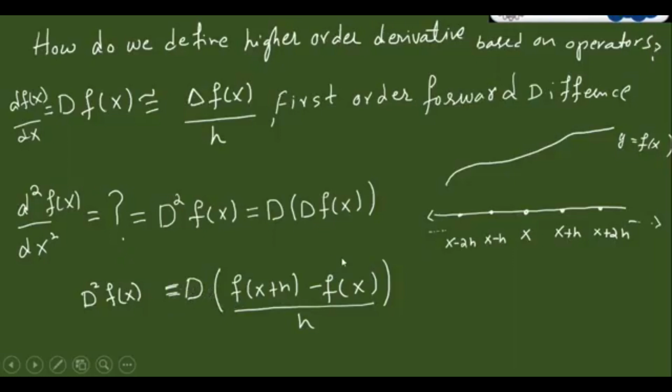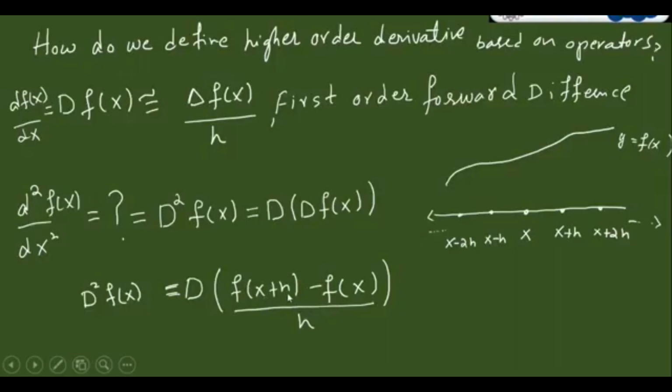This is the important point that you have to keep in mind. I can only shift this derivative operator to this function and this function because the differential operator is linear. If it is not linear, I cannot do this. It is just like what you do many times.